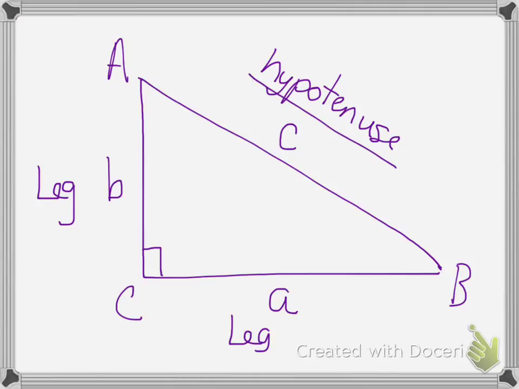Okay, and that is something to notice about these right triangles too, is I've got two other angles, and because this angle here is 90 degrees, these other two angles have to add up to 90 degrees. If I take the sum of this angle and this angle, they're going to be 90 degrees as well, their sum. So notice that angle C being 90 degrees is the largest angle in the triangle, and that means that this side C, the hypotenuse, has to be the longest side in the triangle too.